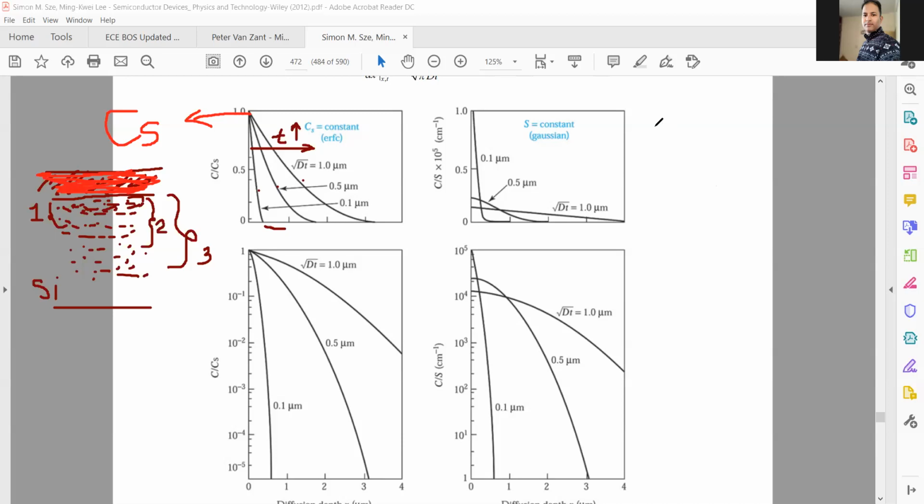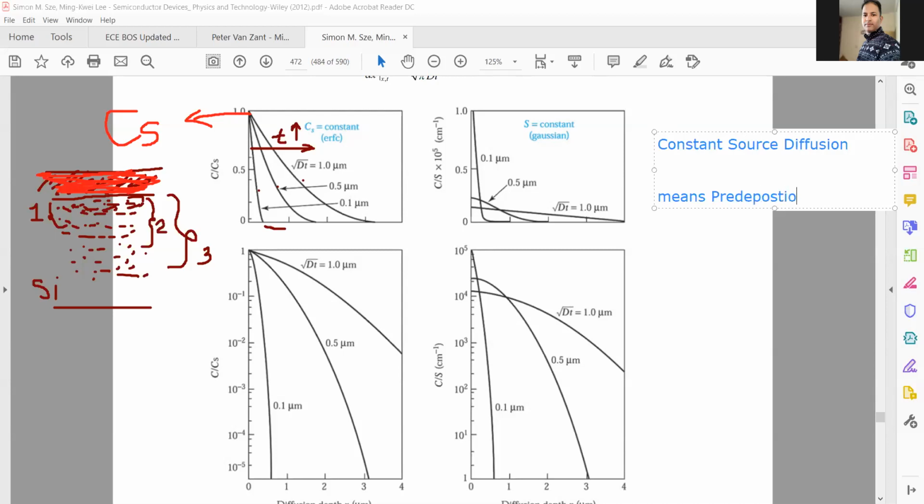So what does constant source diffusion mean? Constant source diffusion is basically synonymous with the pre-deposition step.